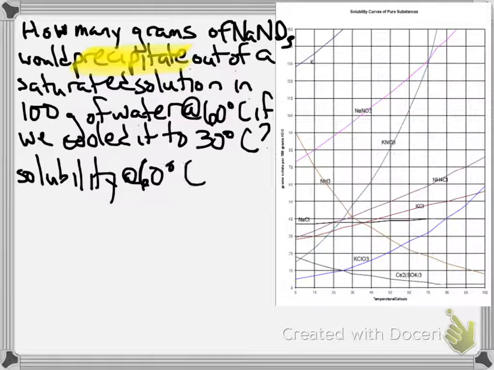Now, I've made it a little easier for you here because I've just asked you to figure out the solubility in 100 grams of water, which is exactly what this solubility curve tells us. We don't need to do any math to figure out what different amount would be dissolved.